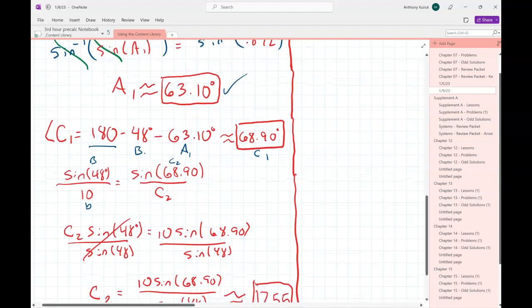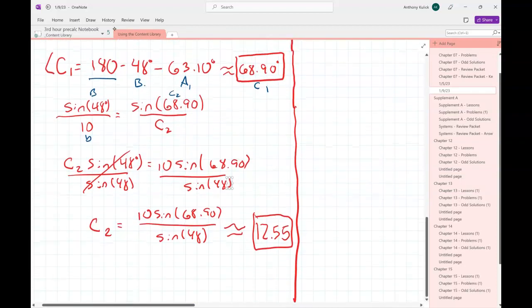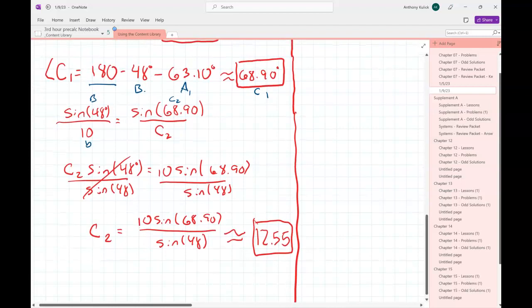And then to get c by itself, I divide both sides by sine 48. When I type that into my calculator, I get 12.55. That's c1. I don't know why I put a 2 here all of a sudden. So that's my first set of answers for the first triangle that's possible.